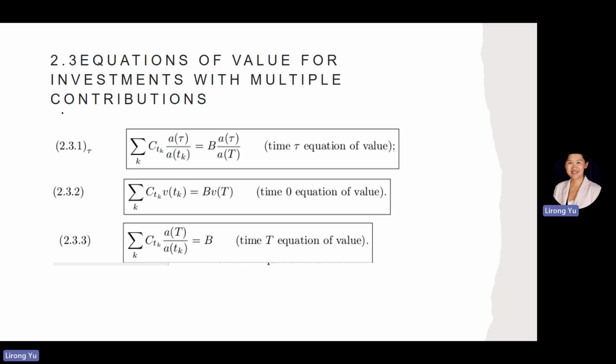So in 2.3, if you have multiple cash flows, you have to set up the equation of value like these three. The first is the equation of value at time t, where t is anywhere between 0 and capital T. The second equation is the equation of value at time 0. The last one is the equation of value at the expiration, the terminal time, capital T.